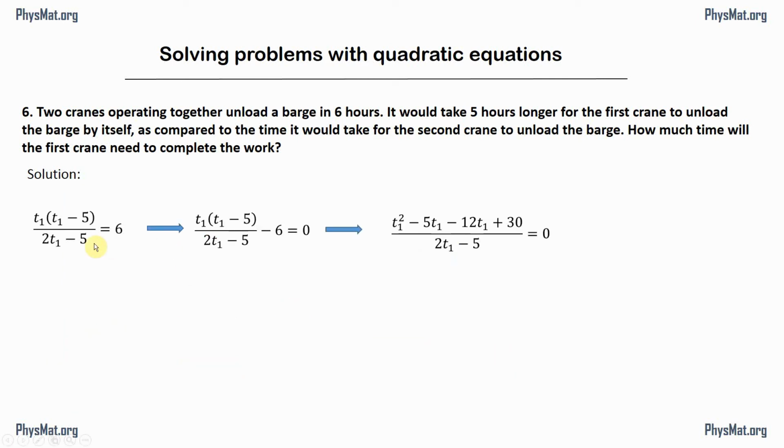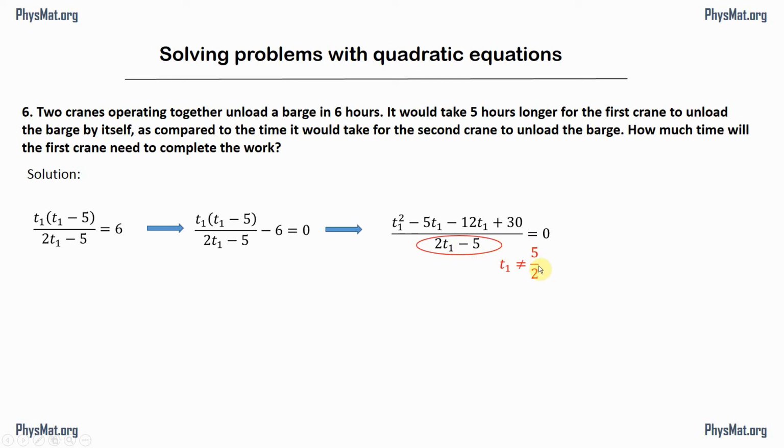So we simplify this expression again, transfer all terms to the left hand side of the equation, then do cross multiplication, 6 times (2 t1 minus 5), group all the terms, so that t1 is not equal to 5 divided by 2.